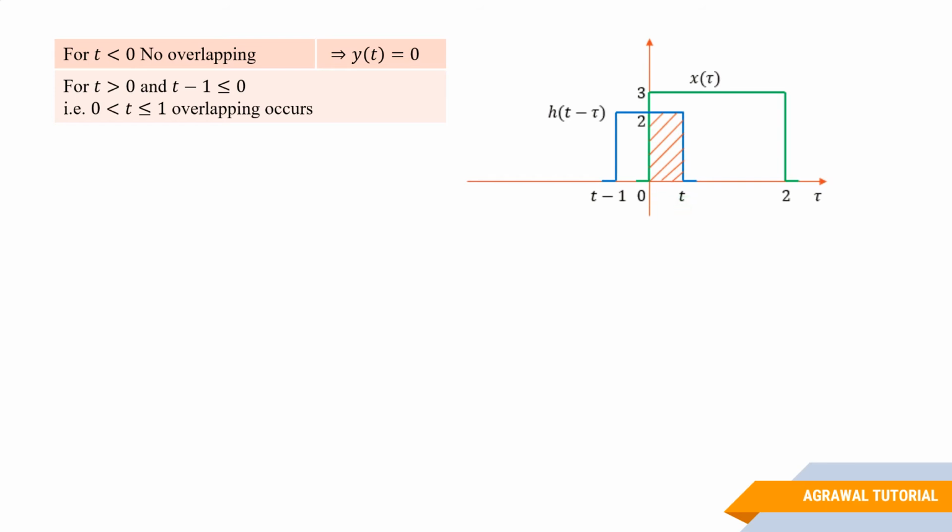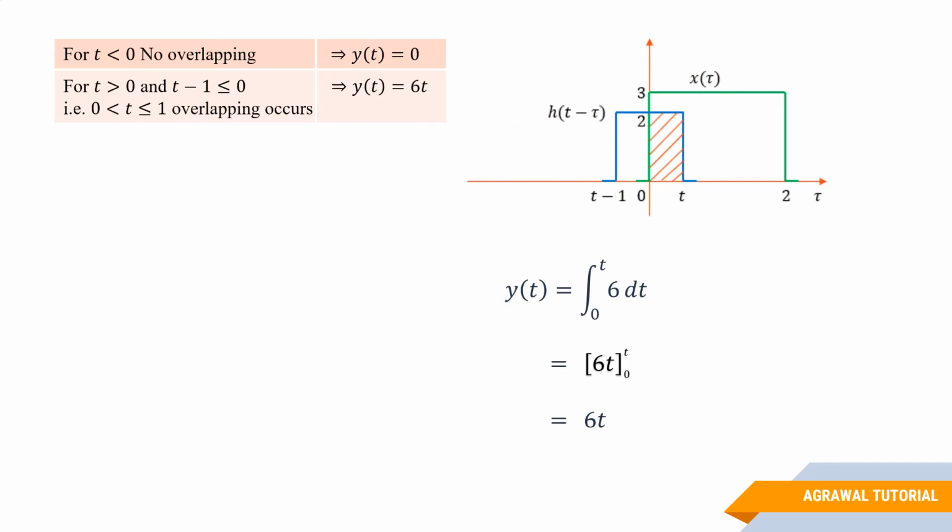So, we can write overlapping area y of t equal to integral 0 to t of 6 dt. 6 is the amplitude multiplication of the two signals. So, on integrating this, we get y of t as 6t.